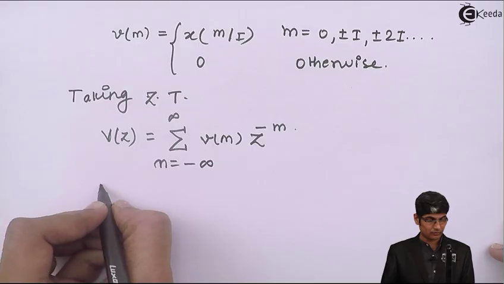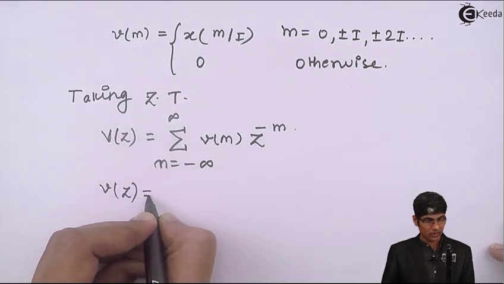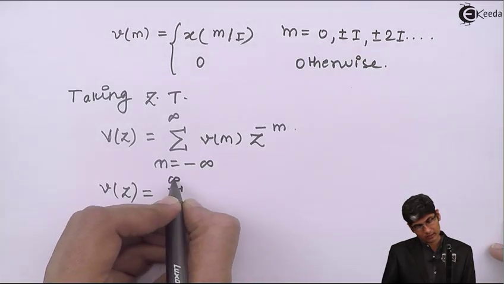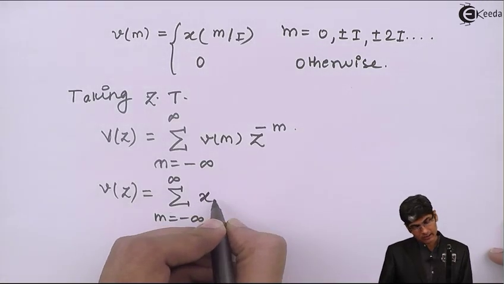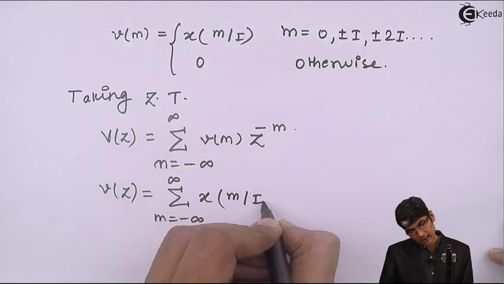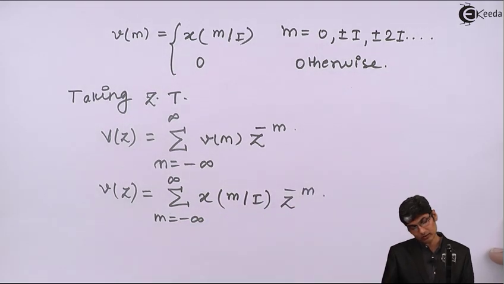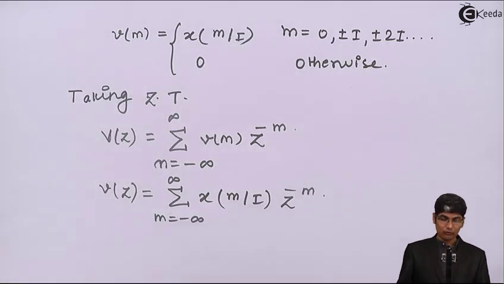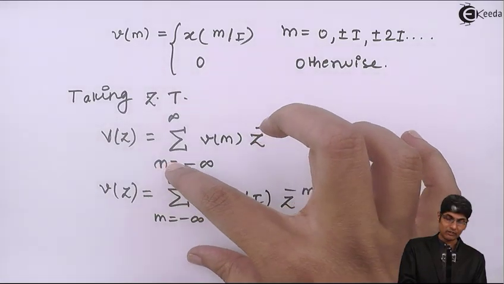Now what I am going to do is substitute the value of V of Z equals summation M going from minus infinity to plus infinity, and we know that it is X of M by I, Z raised to minus M. Now what is happening is, only for M by I factors will be having non-zero values. Rest everywhere it will be 0 in the given summation.